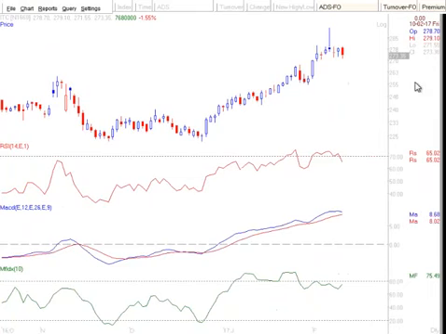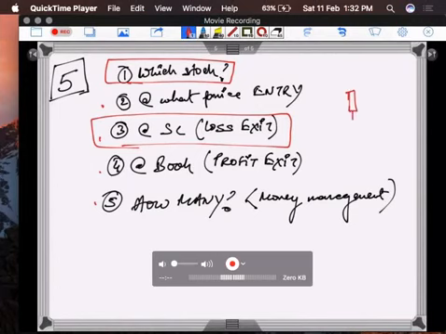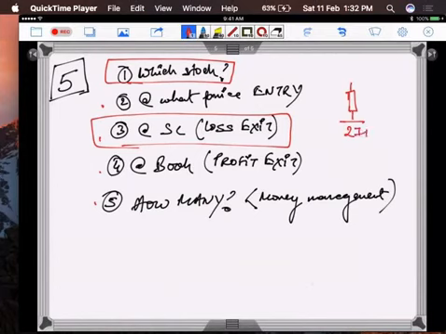Matlab, let's take the ITC example. We want to sell below 271 and 279. So I say that ITC, I'm going to sell below 271 and I put a stop loss of 279, around 8 points. Okay?